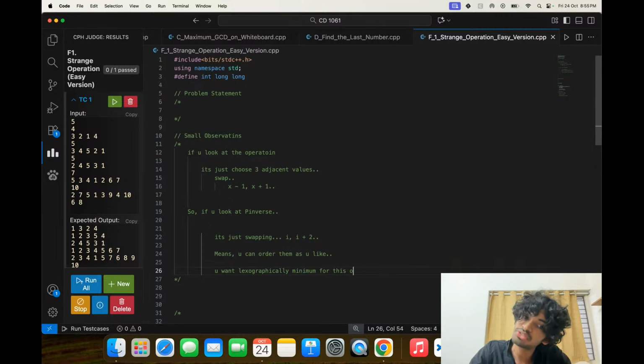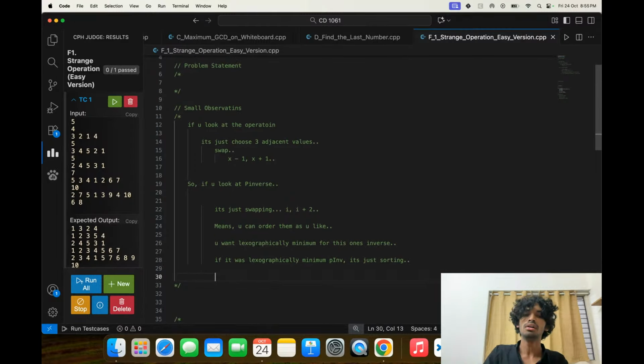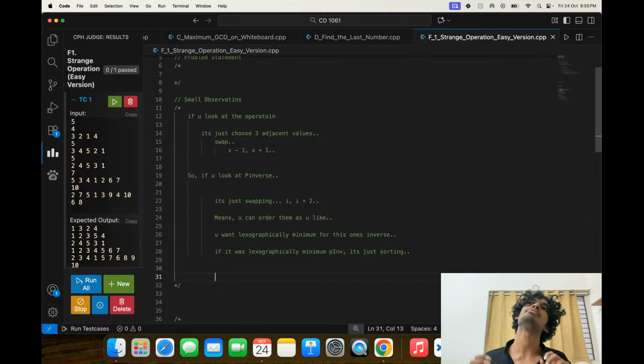For this one's inverse, if it was lexicographically minimum P inverse, it's just sorting. But it's not. It's lexicographically minimum. We have two sets. Okay, these sets can take these values, these sets can take these values. You want one to be taking the minimum possible value.